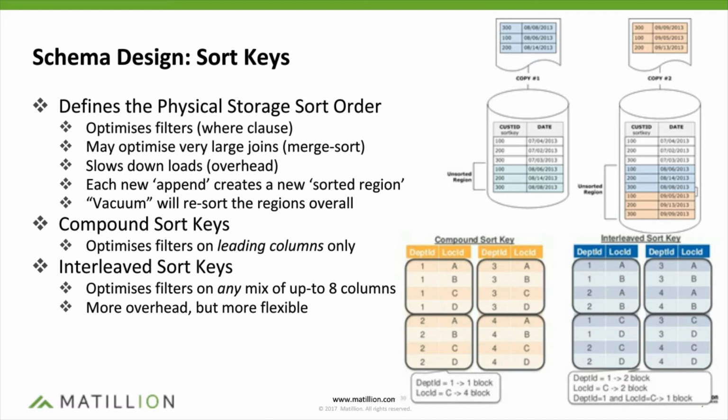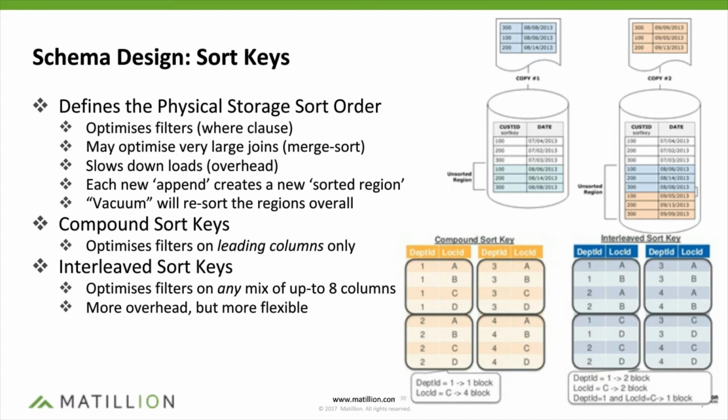It's used in a number of optimizations that would usually be left to indexing in traditional databases. But there are no indexes here, so this does a similar job. It's used to optimize filters. It's also used to optimize joins because it can use a merge sort rather than any kind of hash join or hash tables.